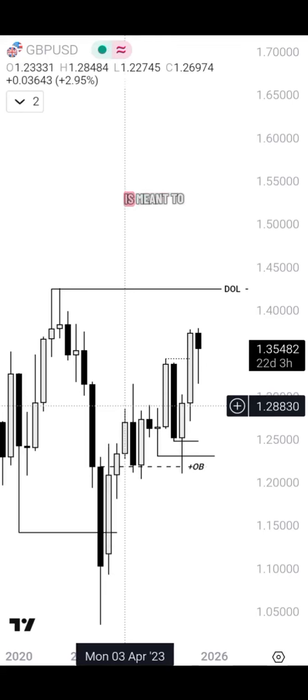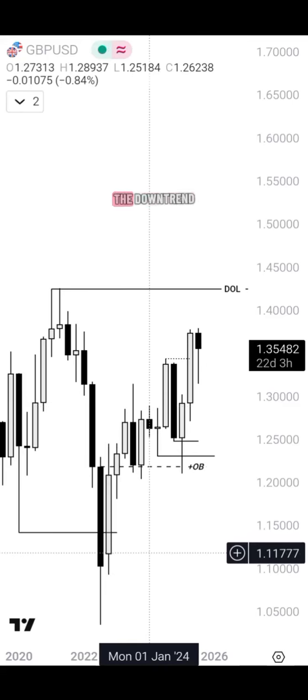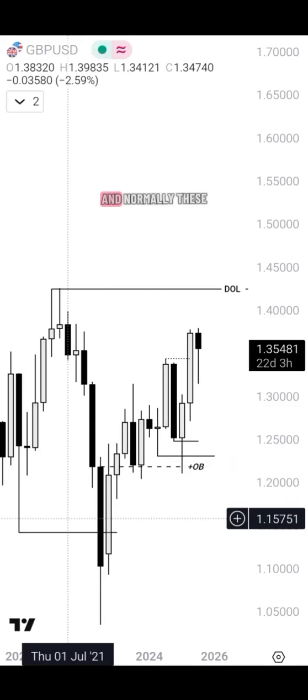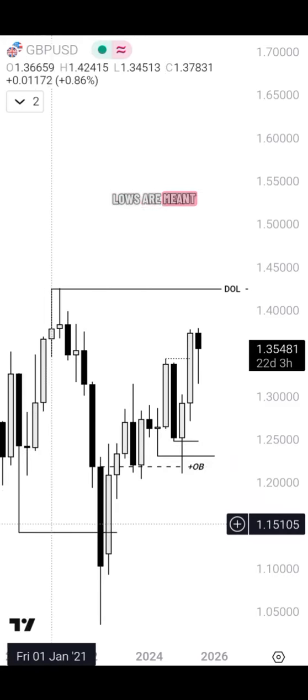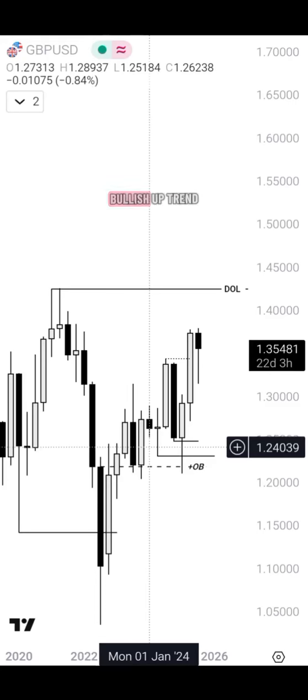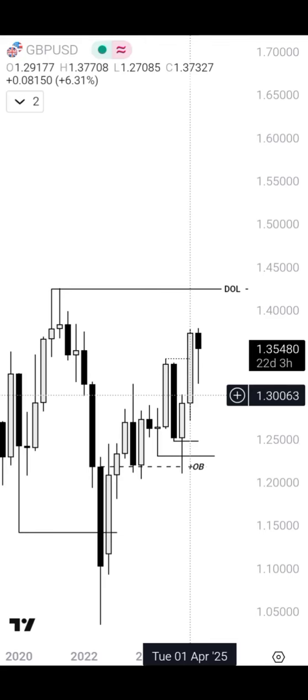Normally this gap is meant to do what? Continue the downtrend, but the gap failed to continue the downtrend. And normally these lows are meant to do what? Reject price higher, and you can see how price rejected from these lows. So I'm safely in a bullish uptrend.